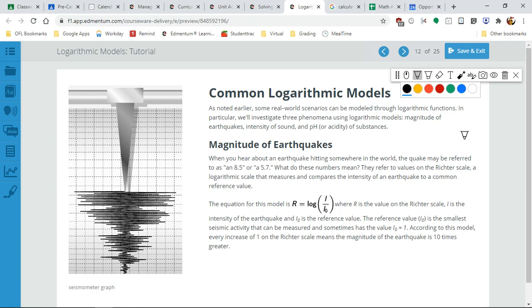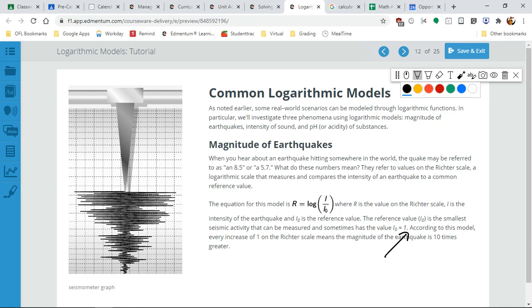So what we're going to do here is, if we're comparing two things, we're going to be doing the thing that we talk about versus the initial Richter scale factor. So I, in this case, would be 1. So we're always going to be doing it by 1.